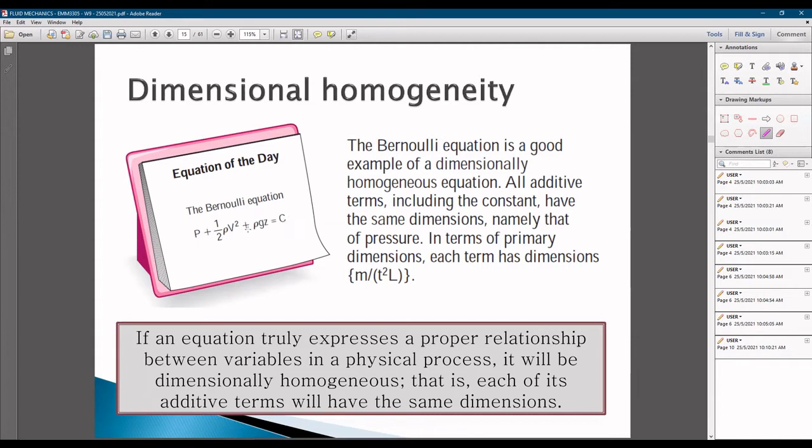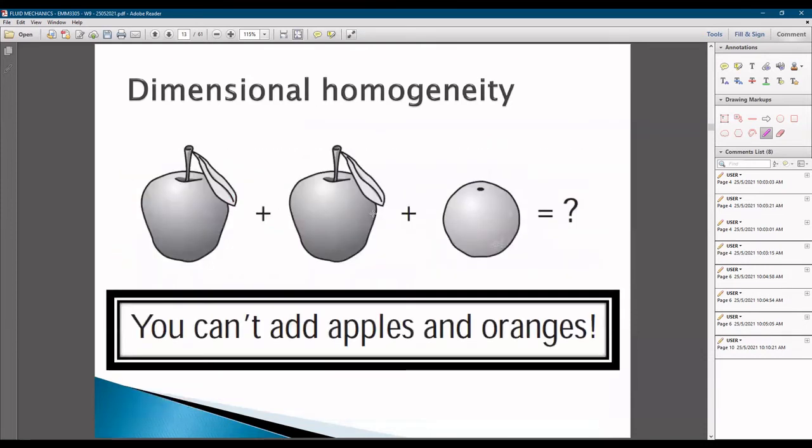The unit must be the same from here, here, this one, and the last one. If the units are not the same, then you cannot add them up. That is what it means by this. Remember, it means that the unit or the dimension must be the same, otherwise you cannot add them.